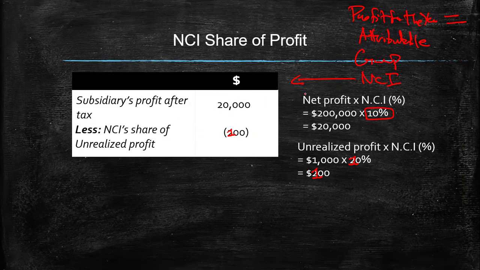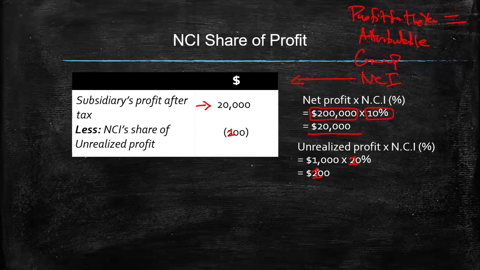So we take the subsidiary's individual profit amount, we apply NCI's percentage to that, and we get NCI's share of the subsidiary's profit. That is 20,000. And then this is not the final amount that we will attribute here to NCI. First, we have to adjust in this the NCI share of unrealized profit.